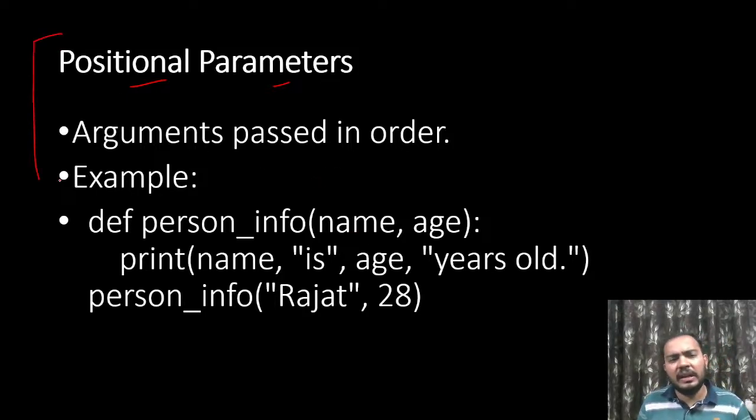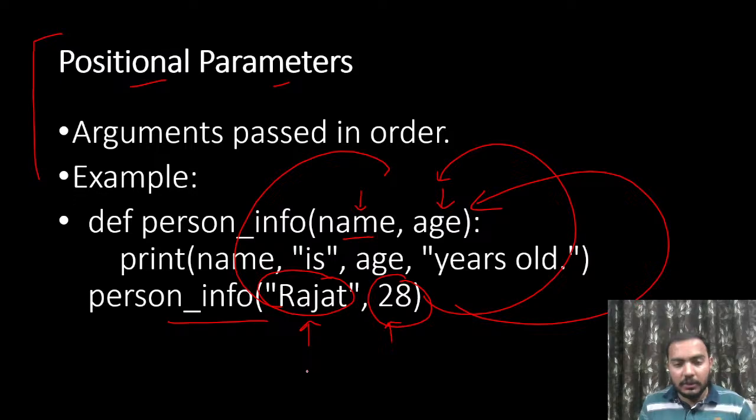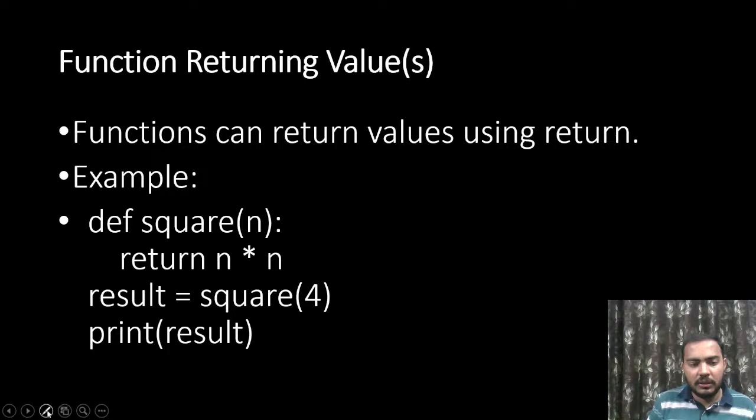It simply says that the arguments must be passed in a proper order, which means that if in the function definition first you have written the variable name and then you have written the variable age, so when you are calling this function, you have to pass the values in the same order as they were written in the function's definition, which simply means that the first value will be assigned to the variable name and the second value will be assigned to the variable age.